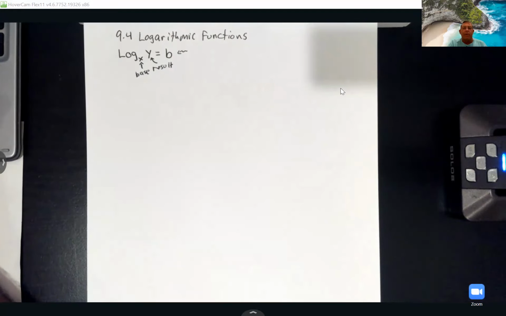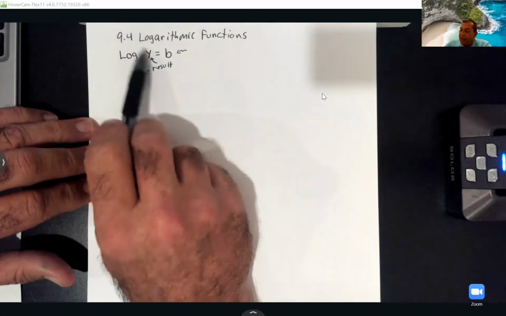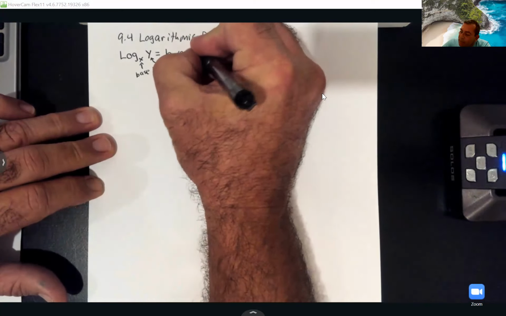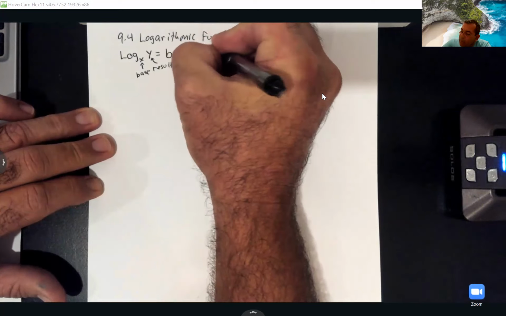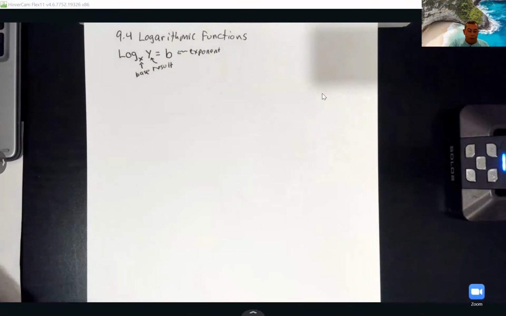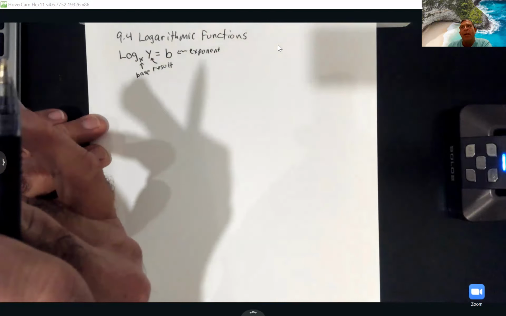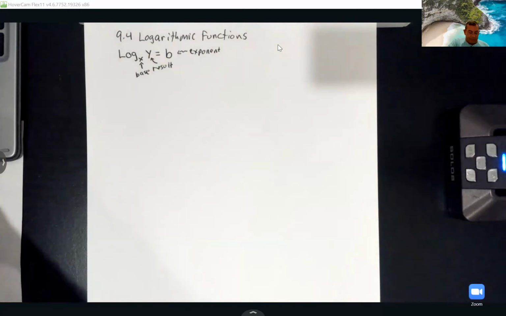So they basically find exponents, okay? Which in the long run means that a logarithm is an exponent. All right, so these undo exponents.